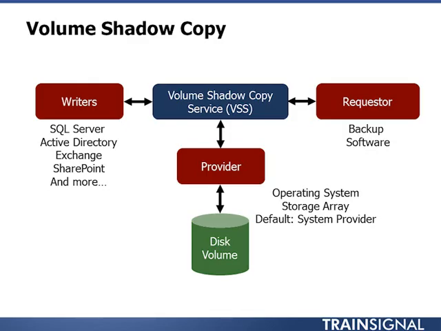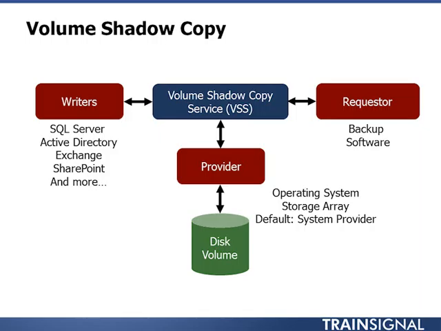Now why do you need those? Well, without those, volume shadow copy wouldn't know how to necessarily back up a particular application, because each application likes to be backed up in a certain way and also likes to be restored in a certain way. What the writers provide is enough information so that volume shadow copy knows how to treat these transactional files, these open files, and knows when to stop and take a point in time snapshot.